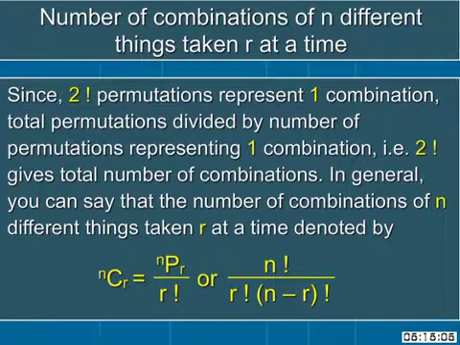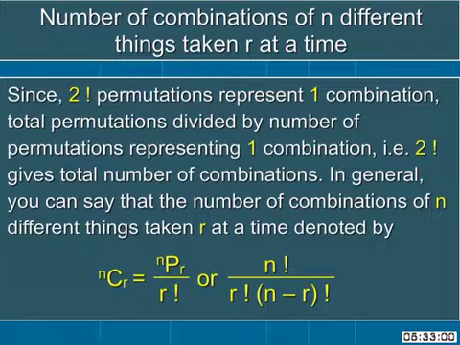Since 2 factorial permutations represent one combination, total permutations divided by the number of permutations representing one combination, that is 2 factorial, gives the total number of combinations.